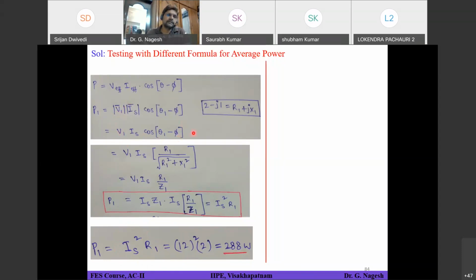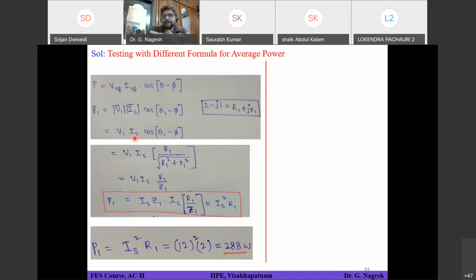From this step itself, you can convert in terms of voltage and impedance, that means remove Is, so that only the voltage term and impedance term are present in your expression. The basic formula is V1 into Is into cos of theta 1 minus phi. We are considering the same load, which is Z1, 2 minus j1 in the present case. Try to get an expression for this power in terms of voltage and impedance.